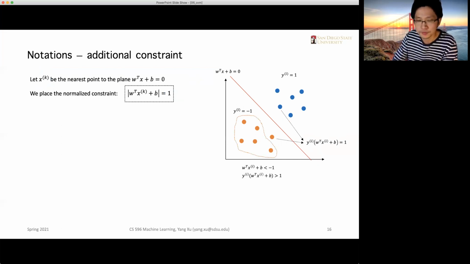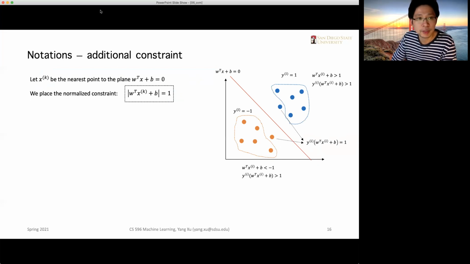Okay, so for example, in the case here, when we take the nearest points out, in this case, it's this blue one and the yellow one here. We arbitrarily define that the yi times this linear expression should be 1 for these 2 points.